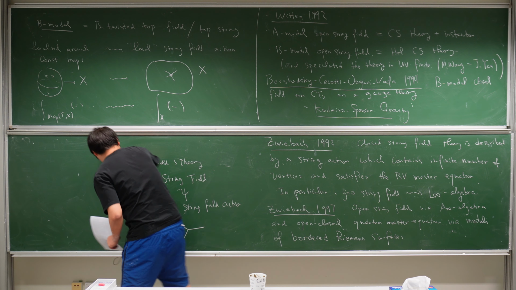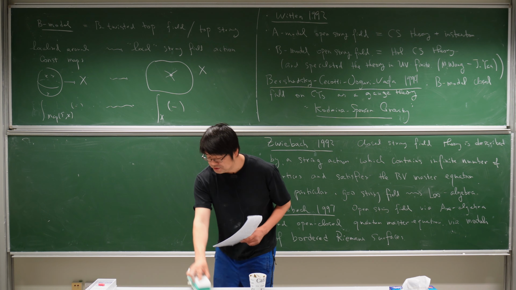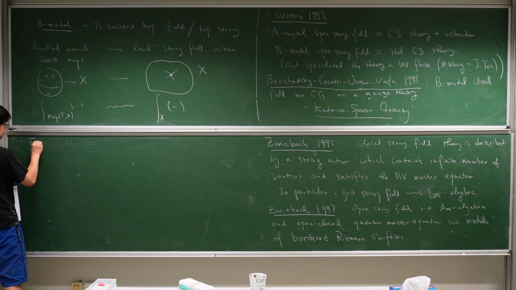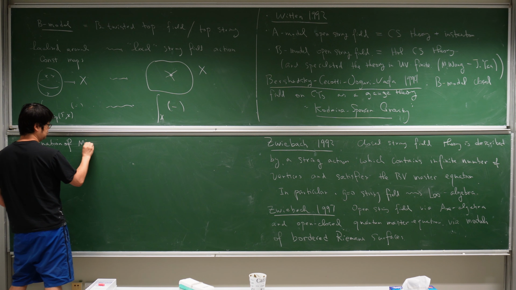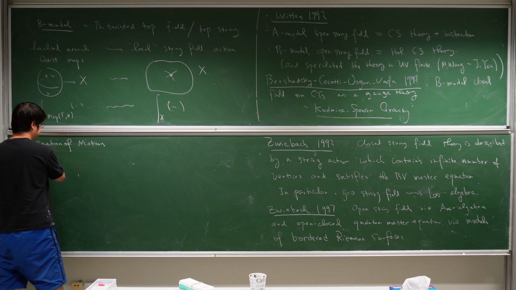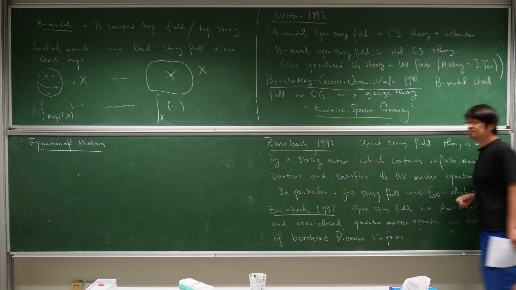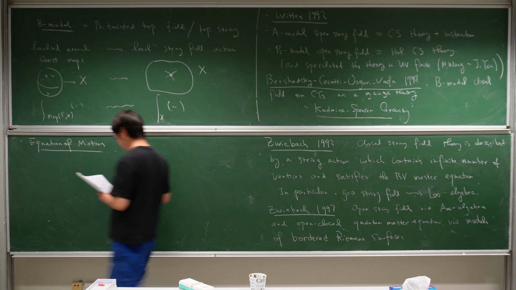At the classical level, if you study, for example, the equation of motion, this theory, this Kodaira-Spencer gravity, describes the deformation of complex structure.